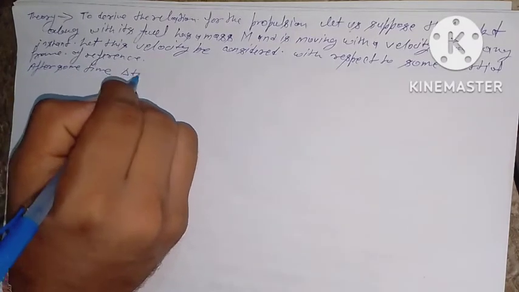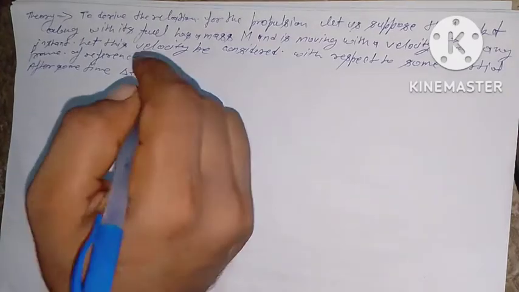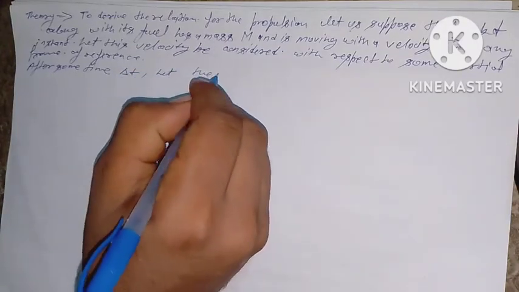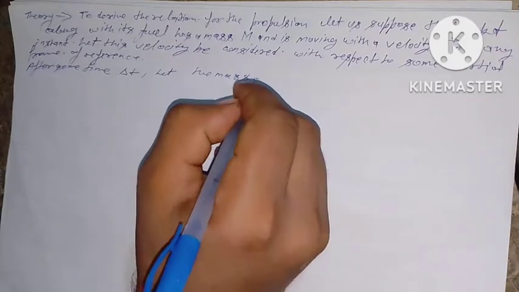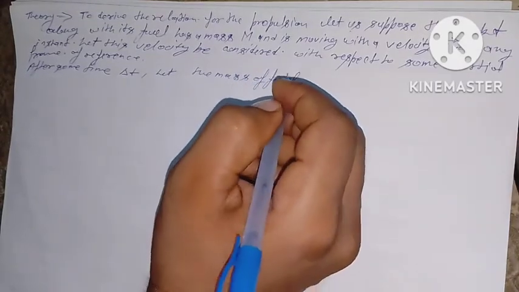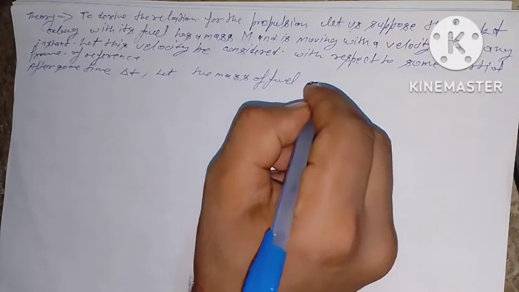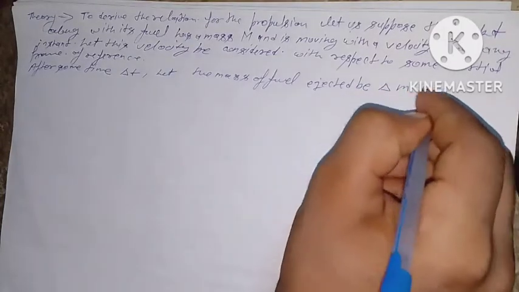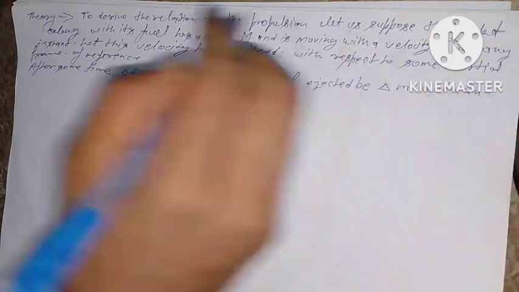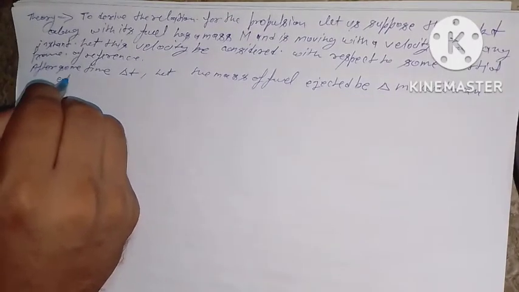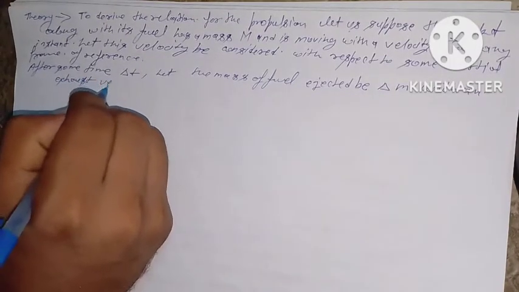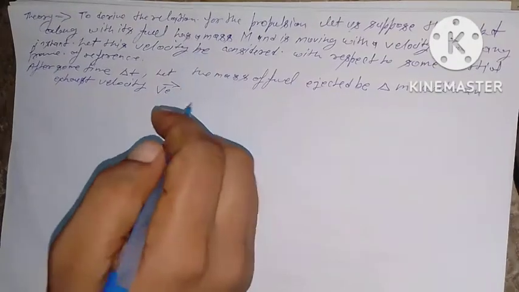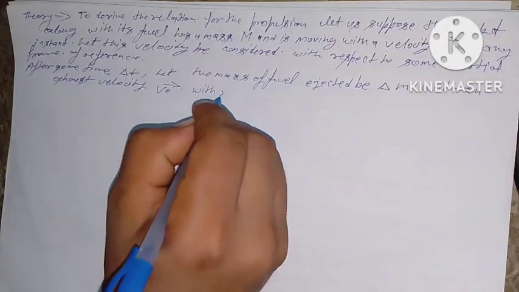Delta t, let the mass of fuel ejected be delta m with an exhaust velocity vector ve with respect to the moving rocket.